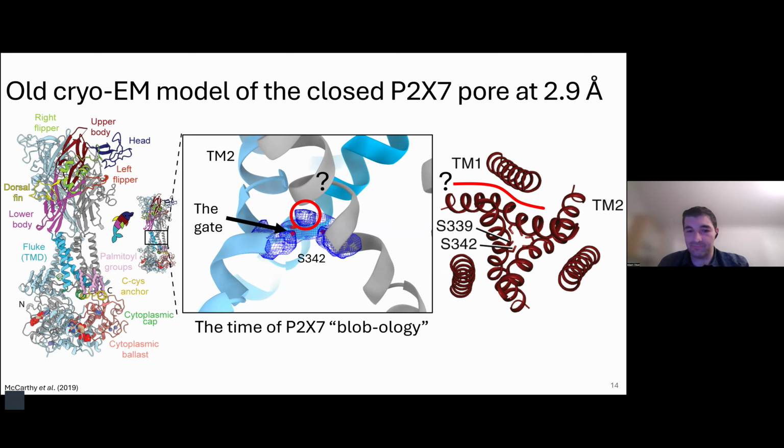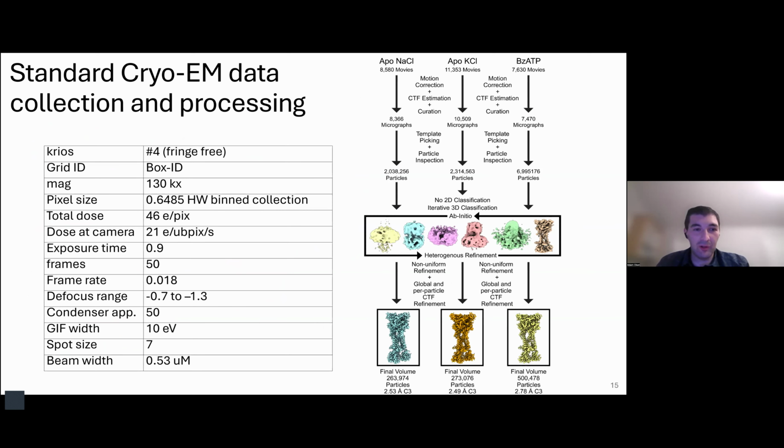of P2X7. And before I get into looking at the structures a little bit more closely, since this is a talk hosted by the National Centers, I figured I'd quickly highlight our data collection and processing pipelines. Recently, we've been collecting at a pixel size of about 0.65, which corresponds to the 130,000 X mag, using hardware binning.